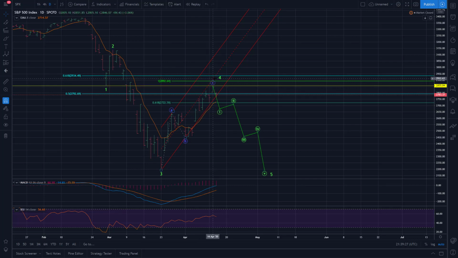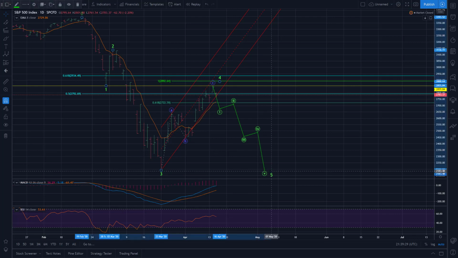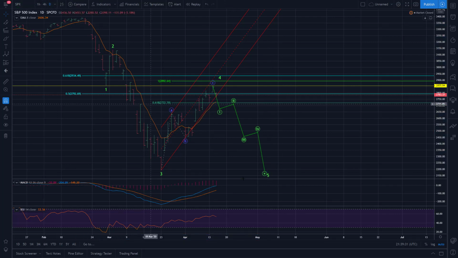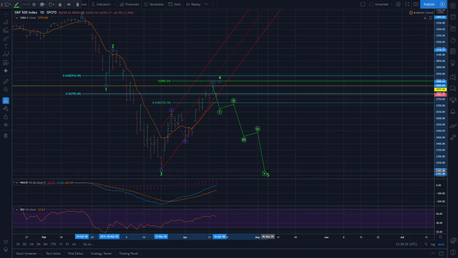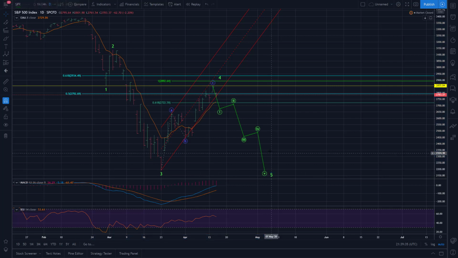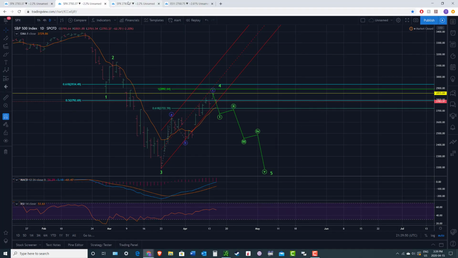And then that would be expecting a 5-wave decline here to finish off this impulse wave down in a wave 5. So this is still valid, although it came very close to being invalidated. It didn't actually happen. But directionally, it suggests essentially the same thing, that we're going to go down and take out the March lows. So take your pick, but they both suggest more downside here.